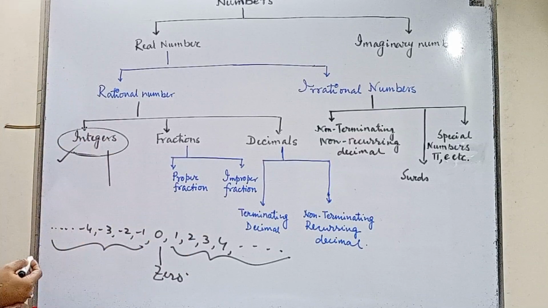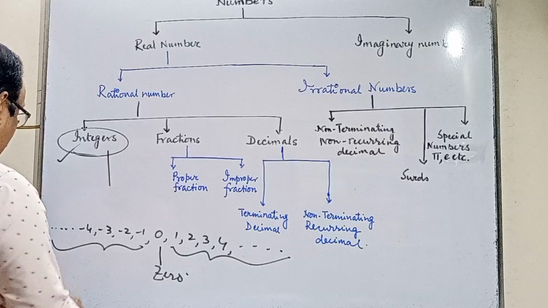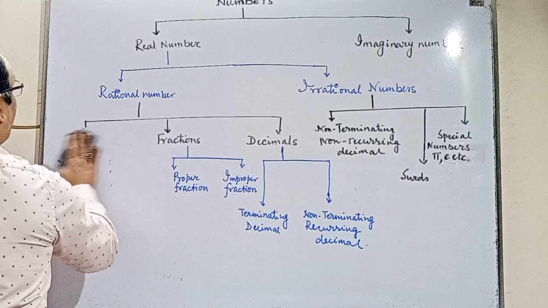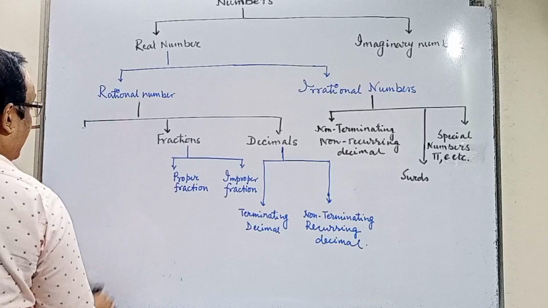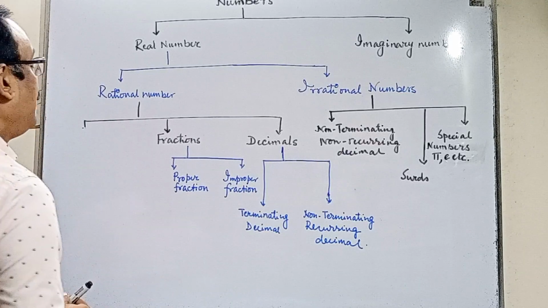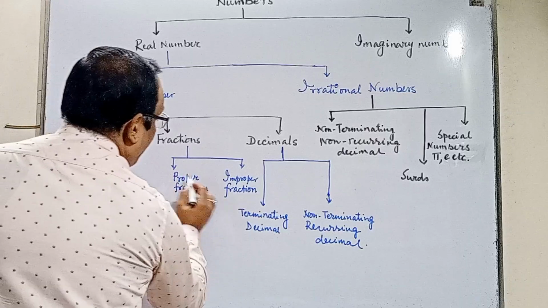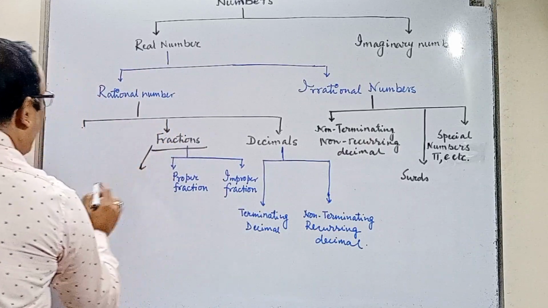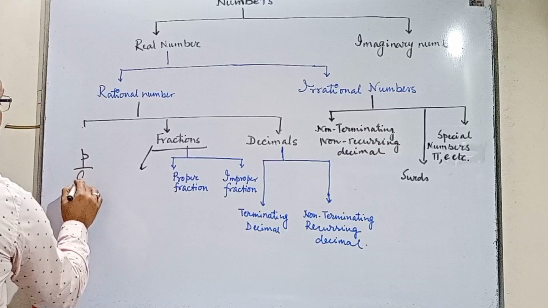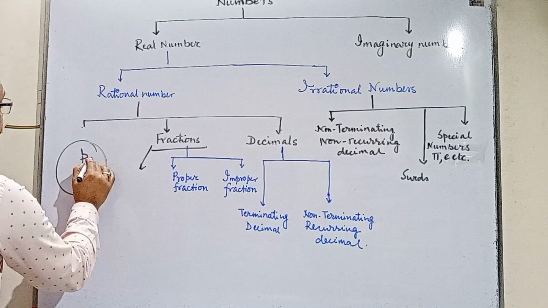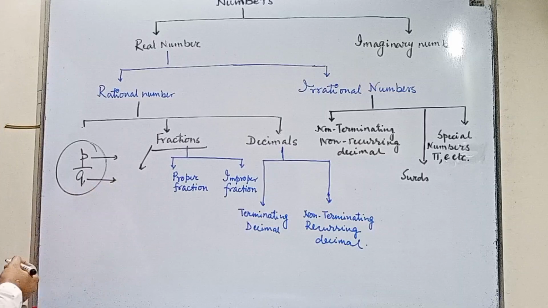That makes integers. Now we'll go for the next, that is fraction. So we have learned what integers are and their variety. Then come fractions. Fractions are any numbers of the form p by q, where p is the numerator and q is the denominator.